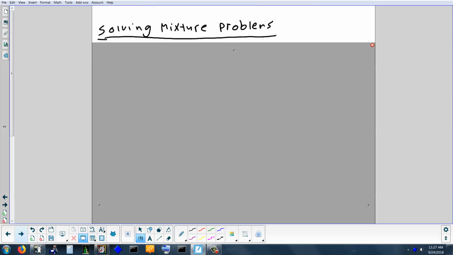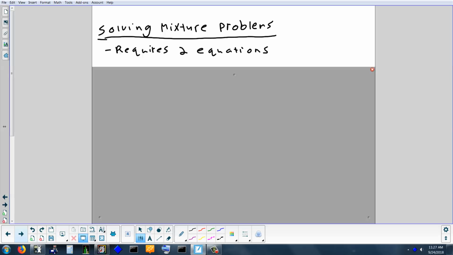Okay, so mixture problems. The idea of a mixture problem is you're taking two things and mixing them together to make something new. So we might have a solution that's measured in percent, say a 5% solution of cleaner and a 10% solution.